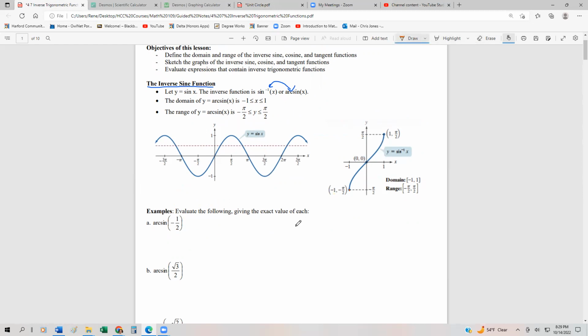If I have the arc sine of -1/2, what that means is that there's going to be some angle. We're going to say theta is equal to arc sine of -1/2, or in other words, the sine of some angle is equal to -1/2.